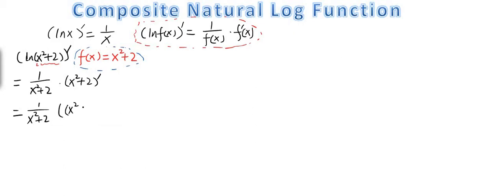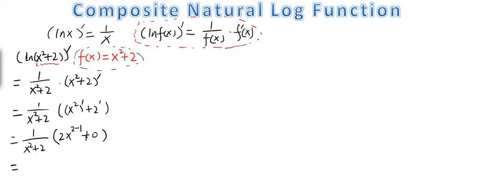We have the derivative for each term, right? For the first term, we just follow the power rule, 2x to the power 2 minus 1, and the derivative of a constant is 0.